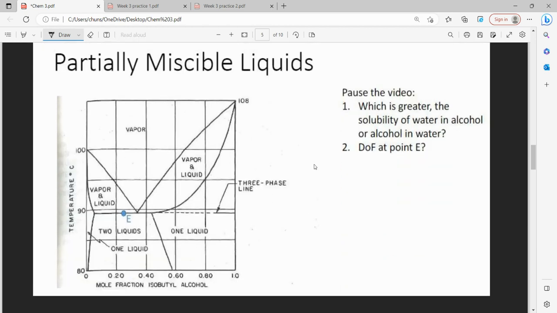Then we have partially miscible liquids. This will show different diagram boundaries where we have vapor and liquid in these two envelopes. So this is our azeotrope, which we just looked at with our previous example.